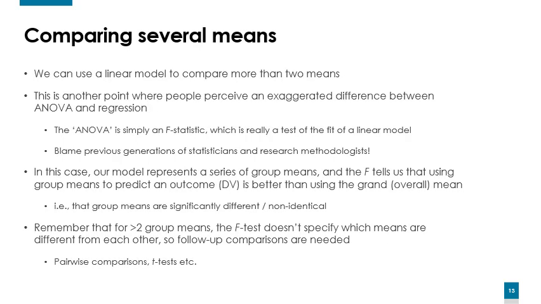We are not limited, of course, to comparing two means using a linear model. We can compare multiple means. And again, this is one point where there's a little bit of a misconception, where people perceive a much larger difference between ANOVA and regression than there actually is, both theoretically and empirically.